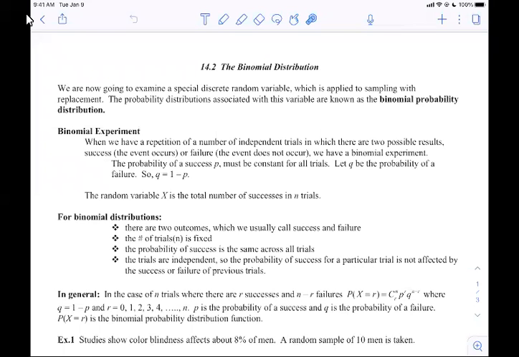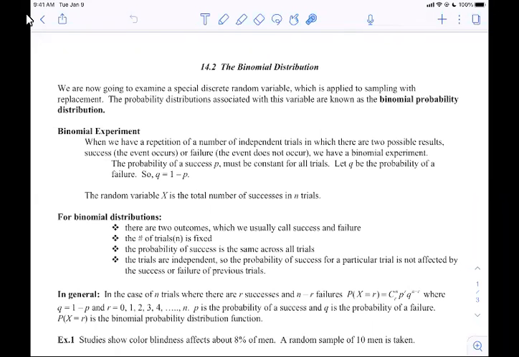The probability of a success, P, must be constant for all trials, and Q is the probability of a failure. So Q would be 1 minus P. The random variable capital X is the total number of successes in N trials. So in order to have a binomial distribution, the following 4 things must be met.